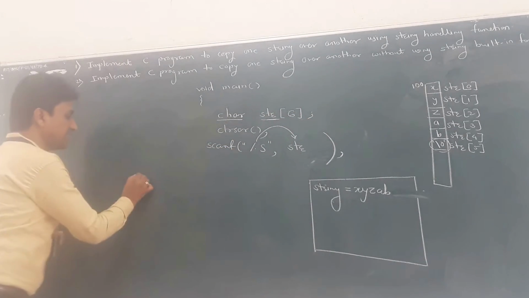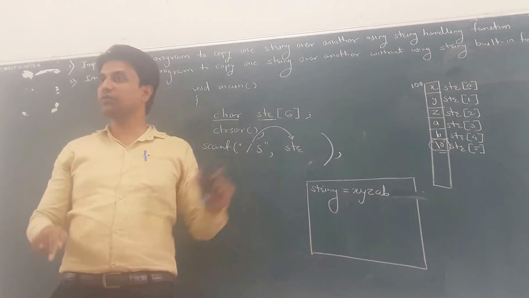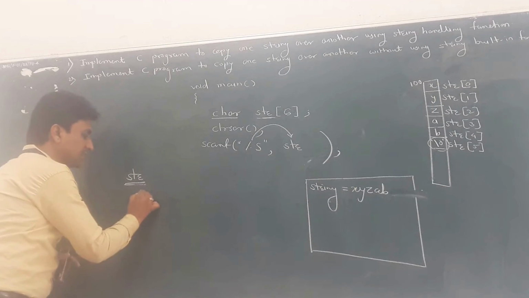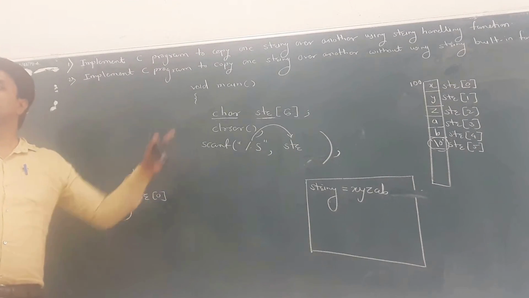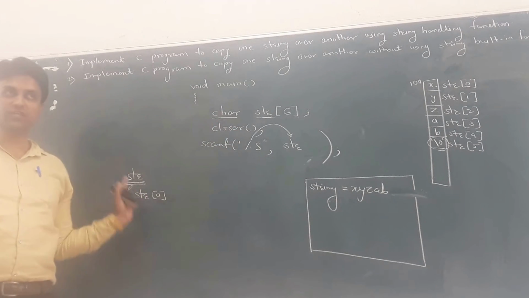Just str, the name of the string, gives you the base address of that string, and &str[0] also gives you the base address, that is, the starting address of the string.